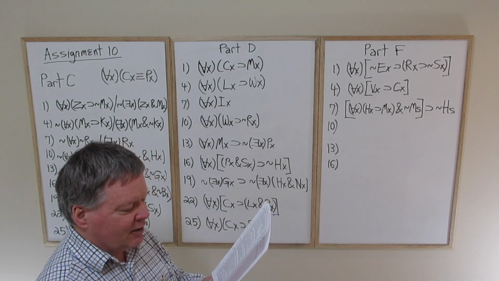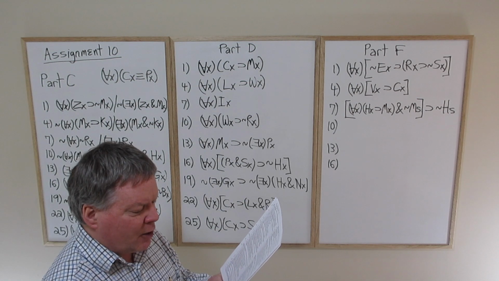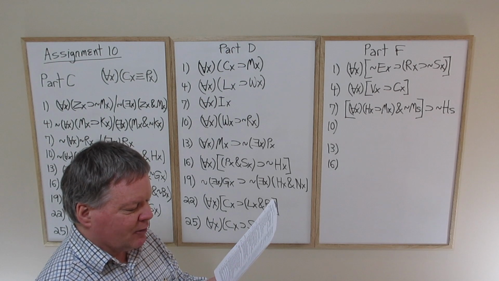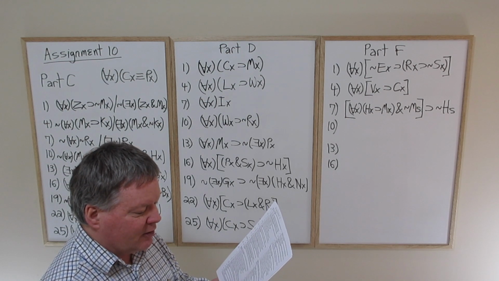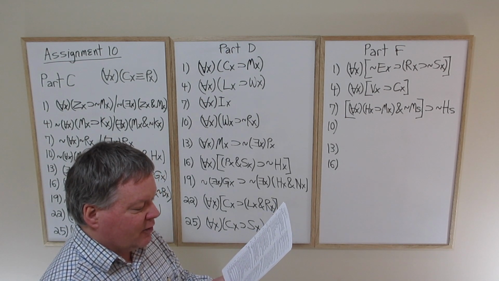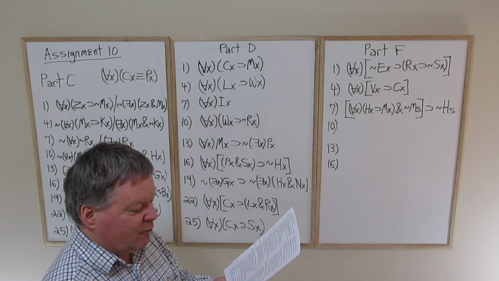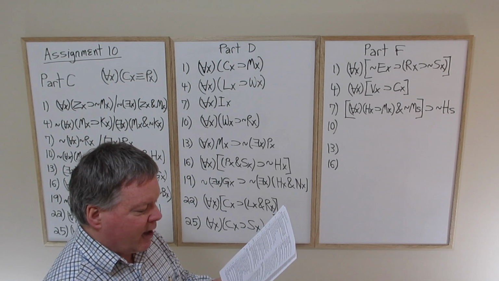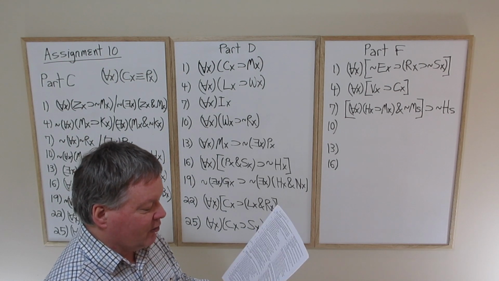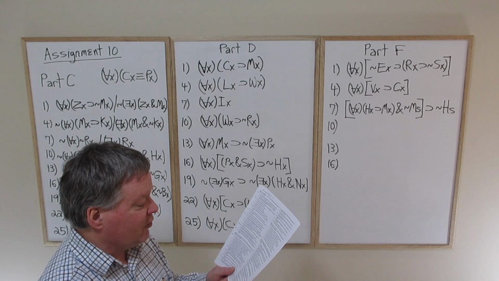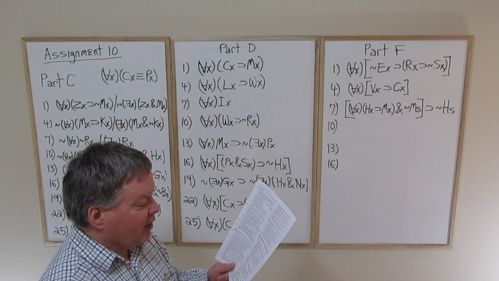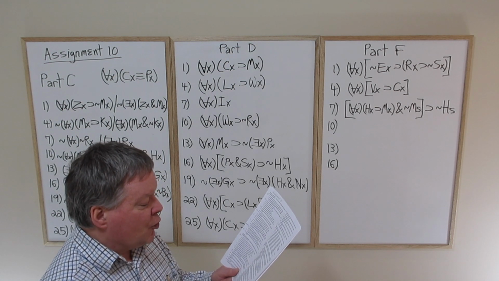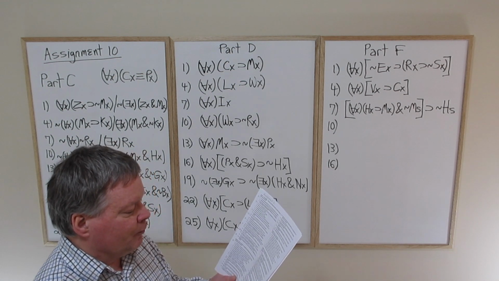Fetuses lack a right to life if they are neither human nor moral agents. So we've got Fx, X is a fetus, Rx, X has a right to life, Hx, X is human, Mx, X is a moral agent. So the English sentence tells us fetuses lack a right to life if they are neither humans nor moral agents.